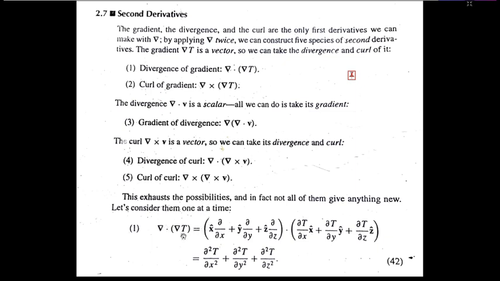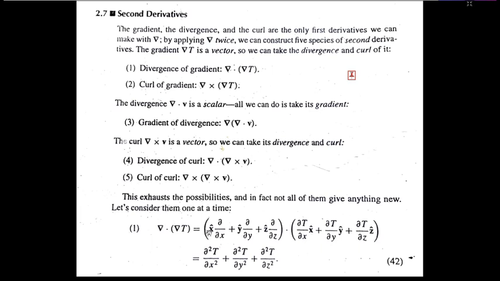Like this is the simplest case we have taken, the divergence of a gradient, point number 1, that is del dot del t. How shall I write it? Del, that means the very first del operator, so x cap del by del x plus y cap del by del y plus z cap del by del z, dot, and then it's a gradient of t, so del t by del x x cap plus del t by del y y cap plus del t by del z z cap.